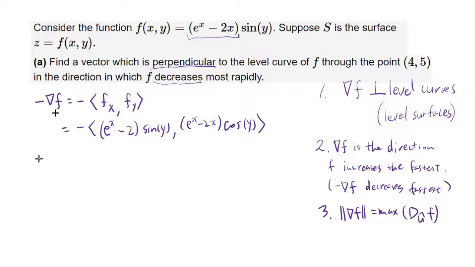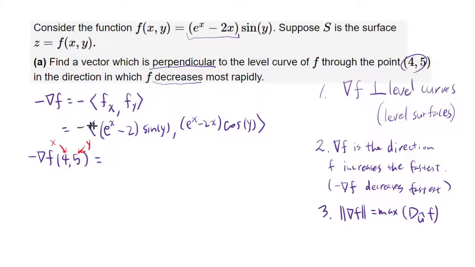Okay. And then because we need the vector at (4, 5), we should actually calculate this at (4, 5), which means x value is 4 and 5 is the y value. So let's plug them in.